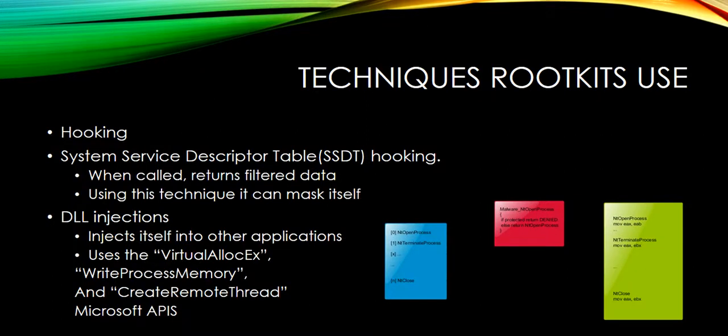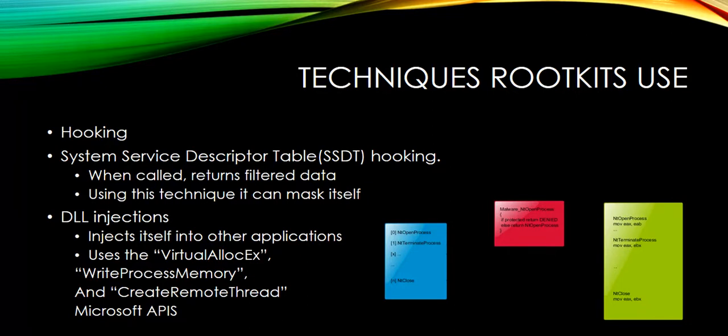Hooking is a process used by rootkits to mask themselves. Generally, hooking is used by kernel level rootkits. Hooking is a pretty broad term and has many subcategories, of which System Service Descriptor Table hooking, or SSDT hooking, is one example. The blue box represents the SSDT, the red box represents the malware, and the green box represents the user output.